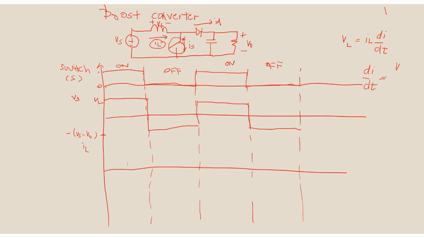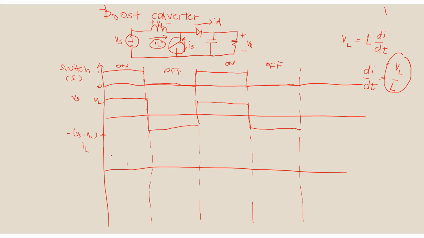We say that VL over L basically gives the slope of the IL.